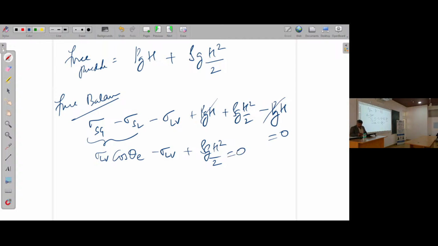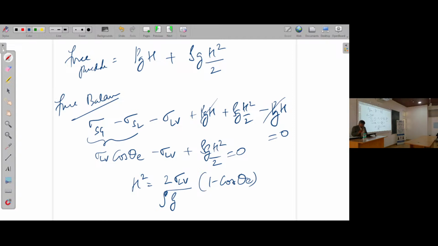The reason I'm doing this is I want to find out what h is. If I bring all the h squared terms together, h squared is equal to 2 sigma Lv divided by rho g, times 1 minus cos theta e.